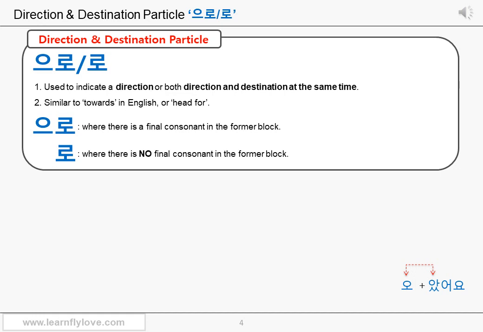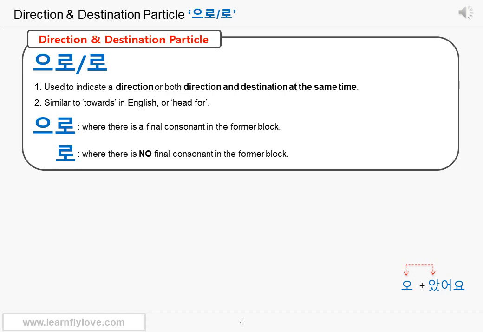It is very similar to the English preposition towards or the phrasal verb head for. But the difference is towards is not used to indicate the destination, but 으로, 로 can be used to indicate the destination and the direction at the same time. At the same time is the important part.